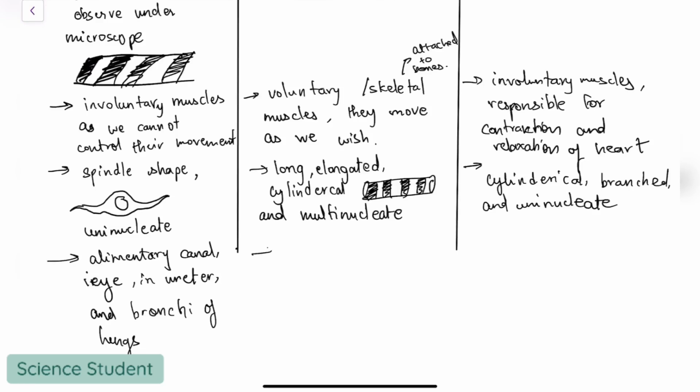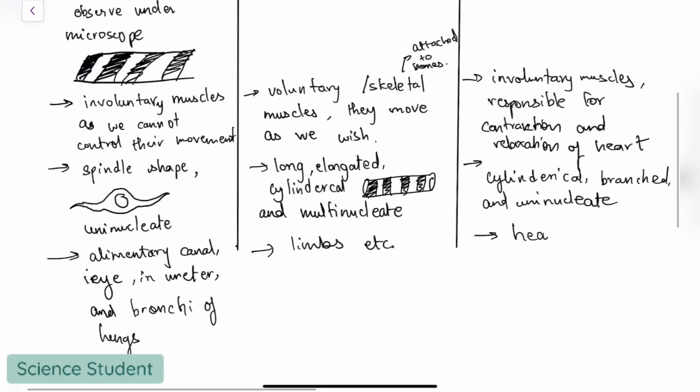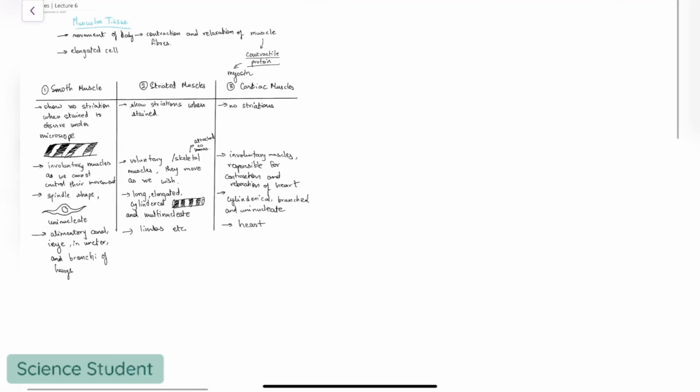Skeletal muscles are found in limbs, etc. Cardiac muscle, as we know, is found in heart. So this was about muscle tissue.